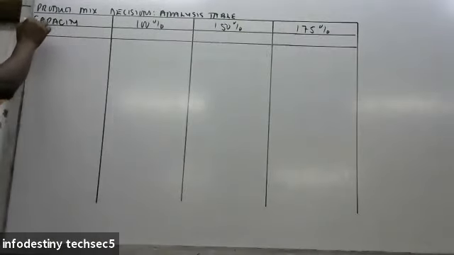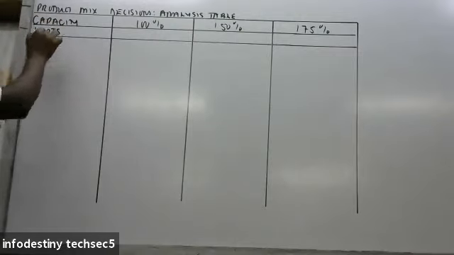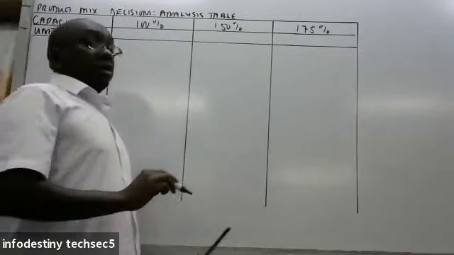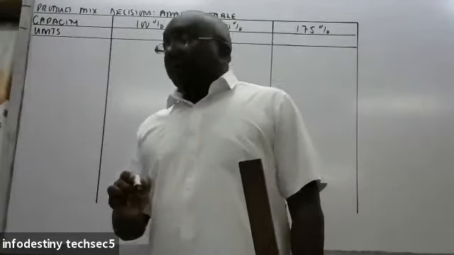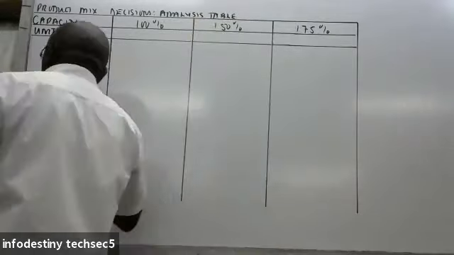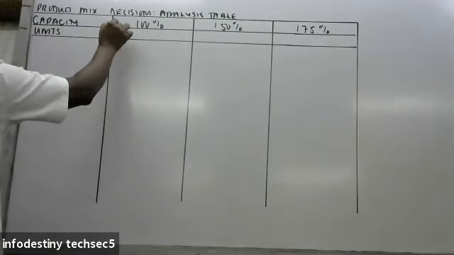So the units: if you want to know the units that can be made, first of all, we are told we have 28,000 hours.